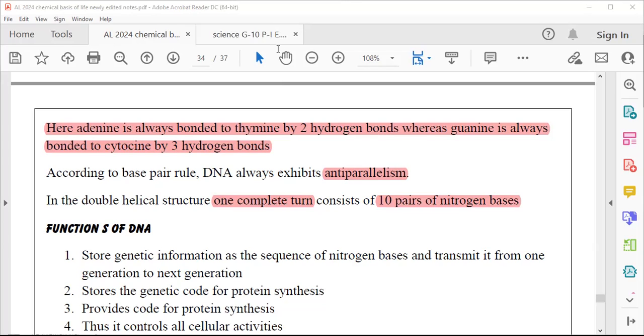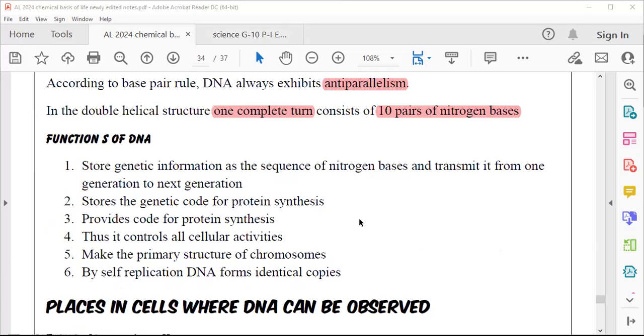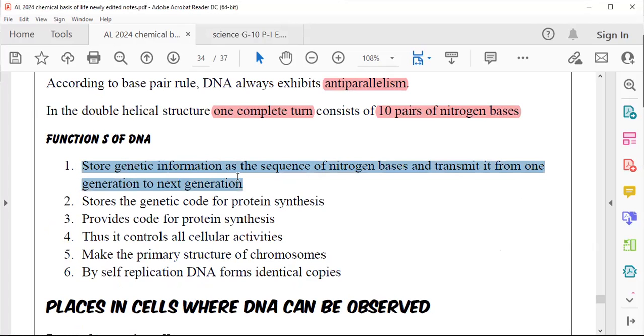Okay, now coming to the heading, functions of DNA. What are the functions of DNA given? Read this one. Stores genetic information as a sequence of nitrogen bases and transmits it from one generation to the next generation.